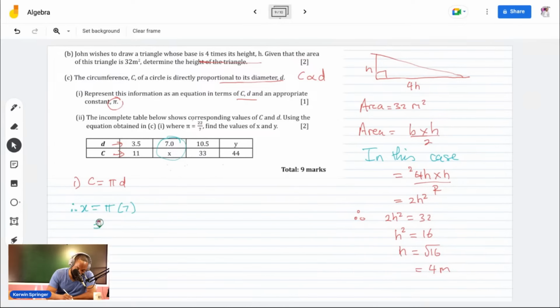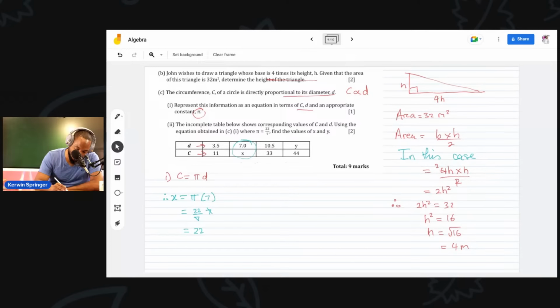And since pi is 22 over 7 by 7, it's equal to 22. Free marks. And in the case of y, 44, because 44 is C, so 44 is equal to pi by y, because y is in the place of d, pi by d.